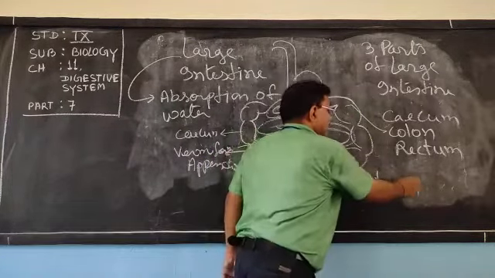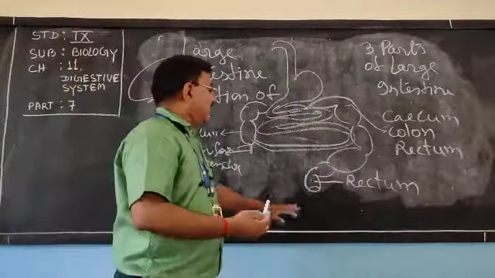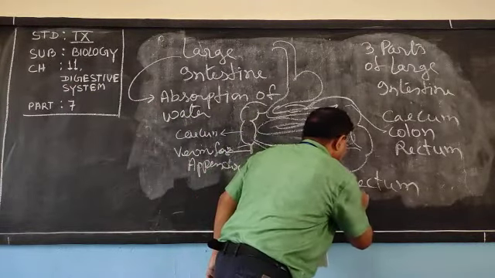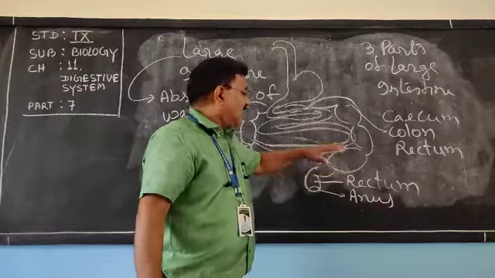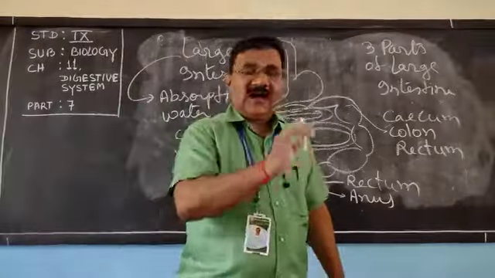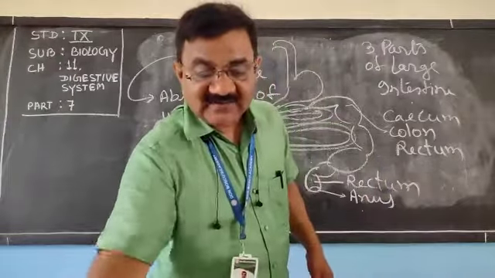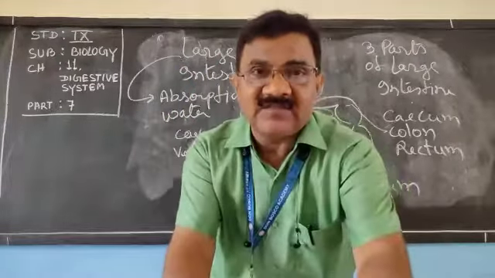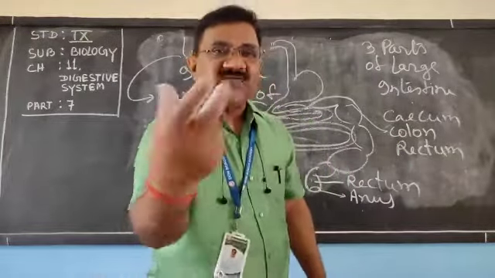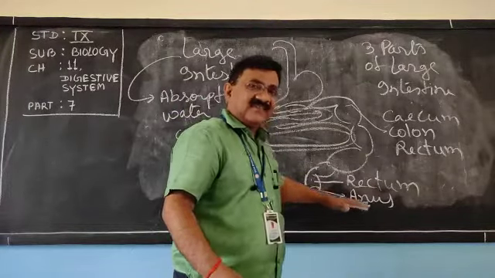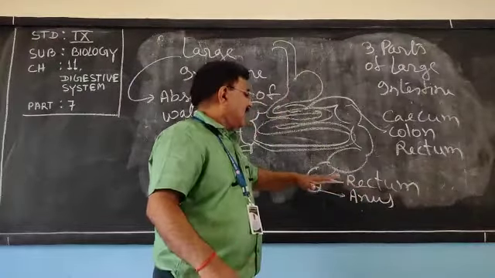And from time to time, especially in the morning, with the help of the anus, this undigested food is thrown out. That process is called defecation, and the part which is thrown out is the feces.